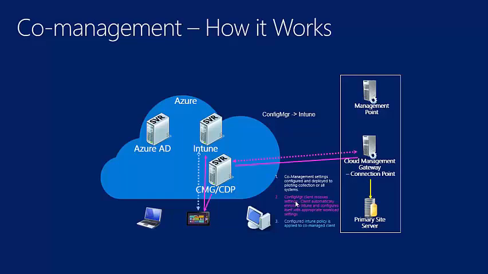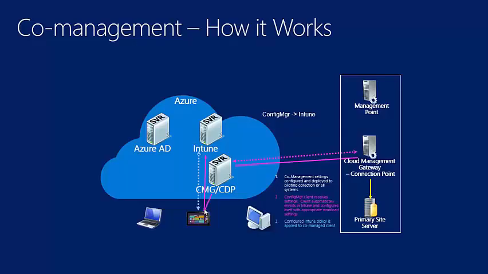So step number 2, the ConfigMgr client is going to receive the new settings. The client is automatically going to enroll in Intune and be configured with the appropriate actions and settings and workloads, etc. So that's what I'm illustrating here. We have a client. The client is receiving through the Cloud Management Gateway the instructions that it needs to be co-managed.